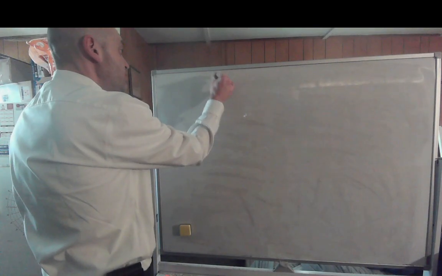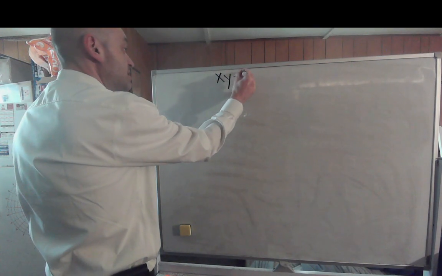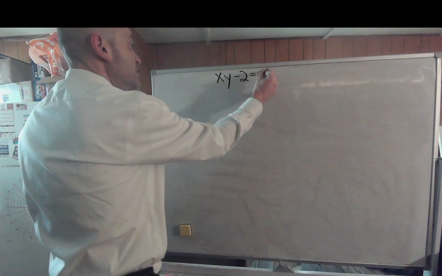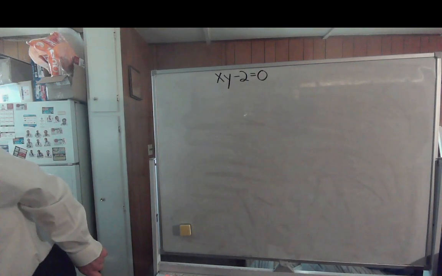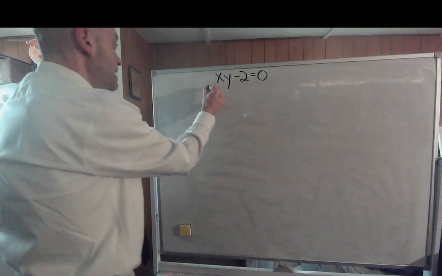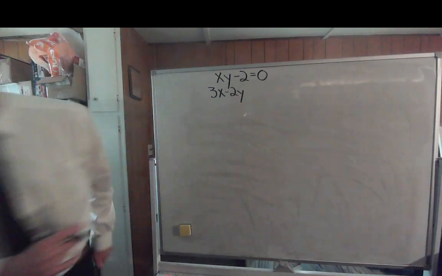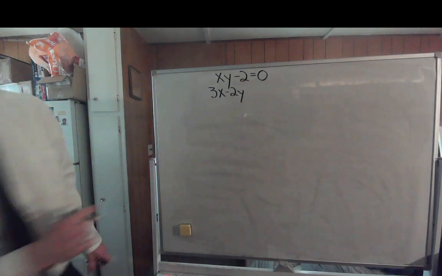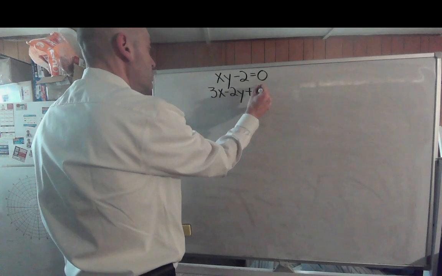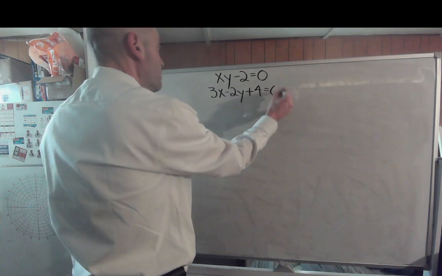All right. Similar problem. We have another rational equation. This time xy minus 2 equals 0. And then 3x minus 2y plus 4 equals 0.